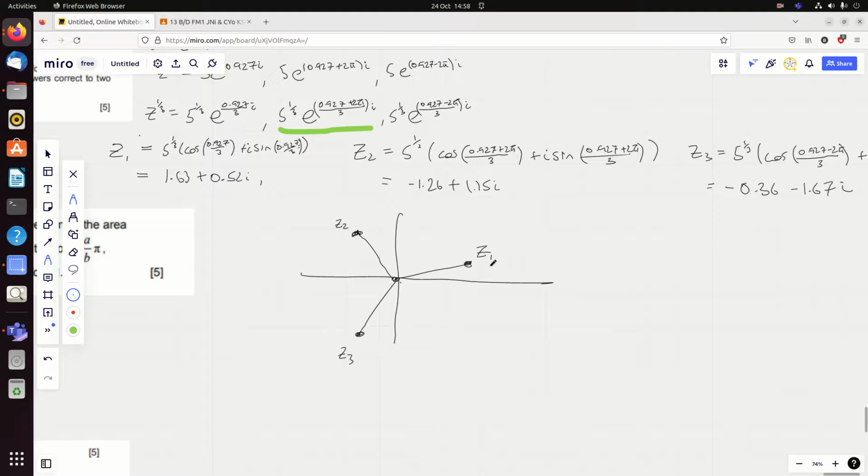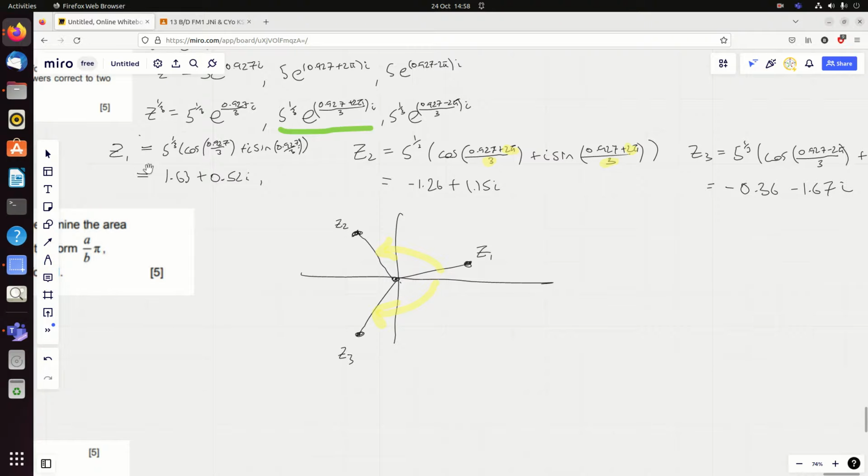They're just rotating 2 pi over 3 radians. If you saw that 2 pi over 3 earlier in there, that's the reason why they're rotating, just 2 pi over 3 each time. The modulus is staying the same, but the argument's just rotating 2 pi over 3 in that direction and 2 pi over 3 backwards underneath. That's why they're evenly spaced.